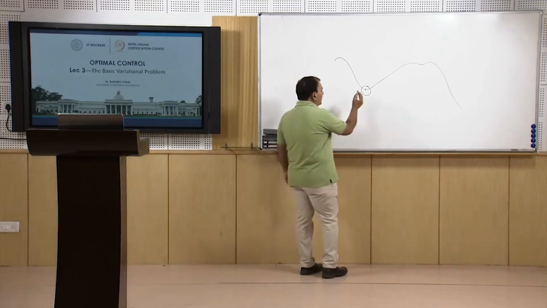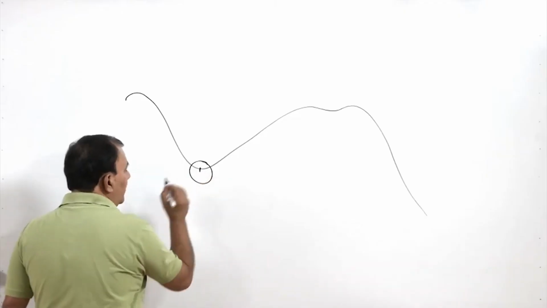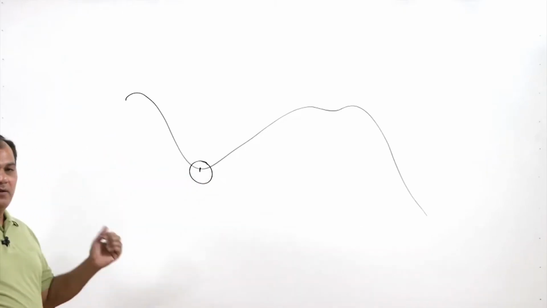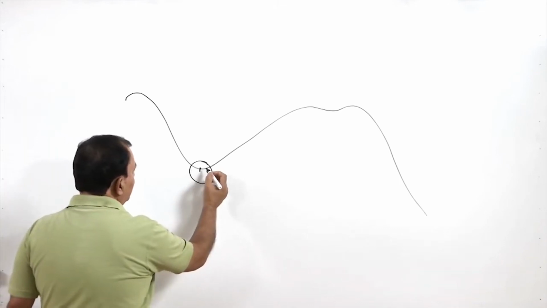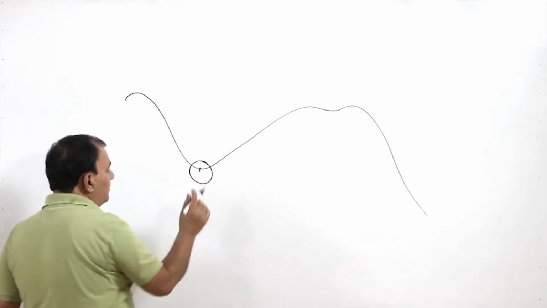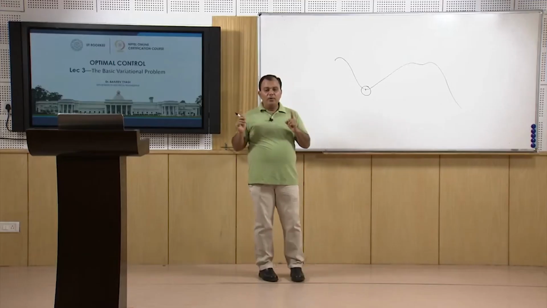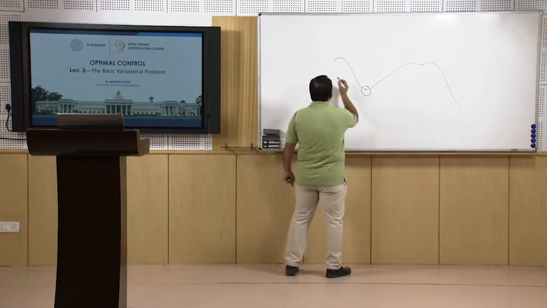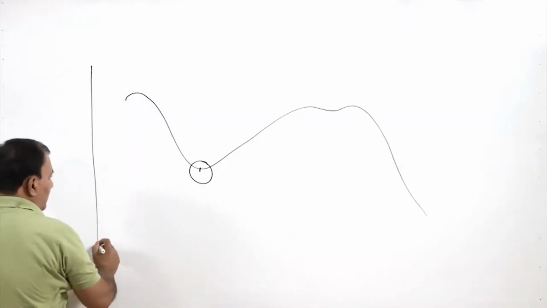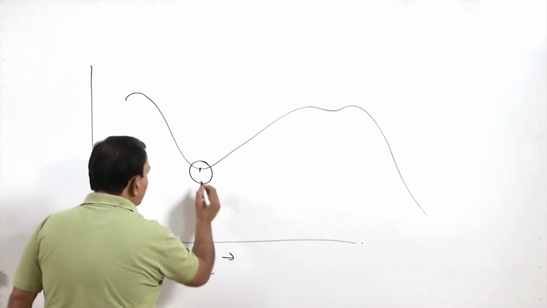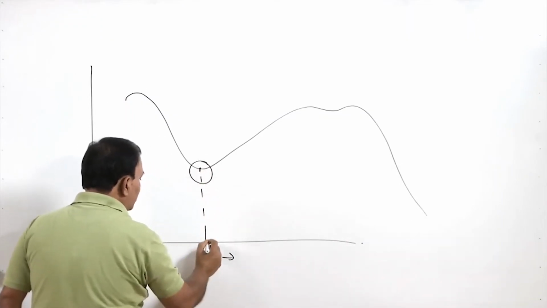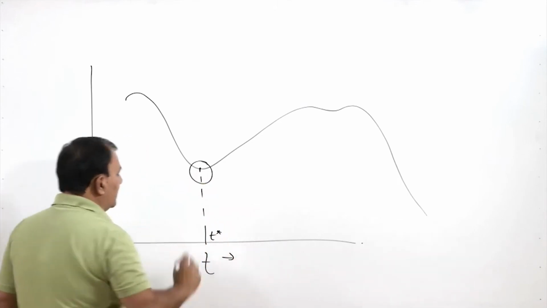So, if I select, suppose, the lowest point, which normally we take to be the optimum, in that case my t is bounded near t star. If I take this axis as t, this is my t star point.